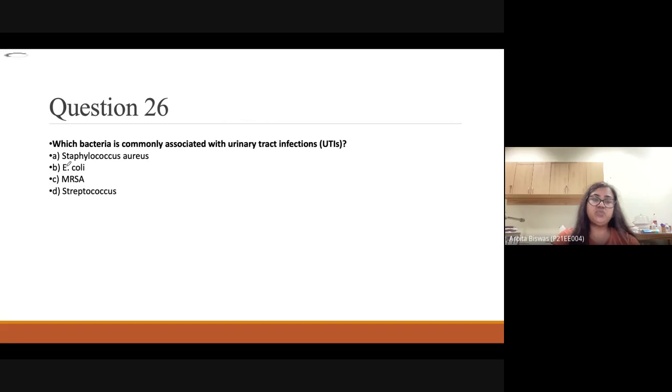Okay, so next, moving toward question number 26. Which bacteria is commonly associated with urinary tract infection? The first option is Staphylococcus aureus, and the second option is E. coli, and the third option is MRSA, and the fourth option is Streptococcus.